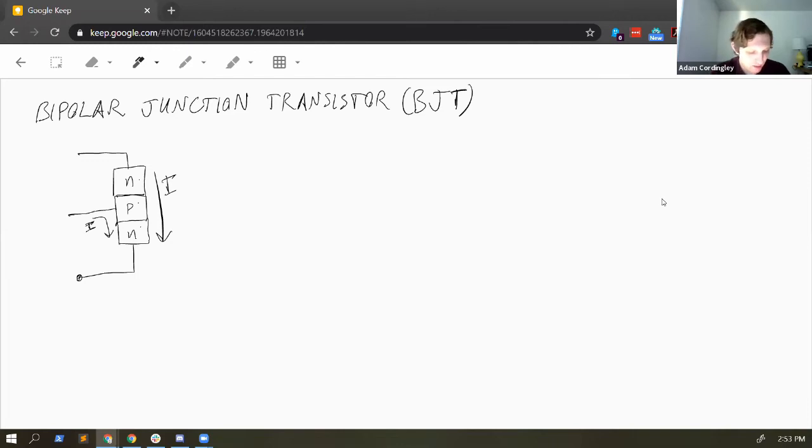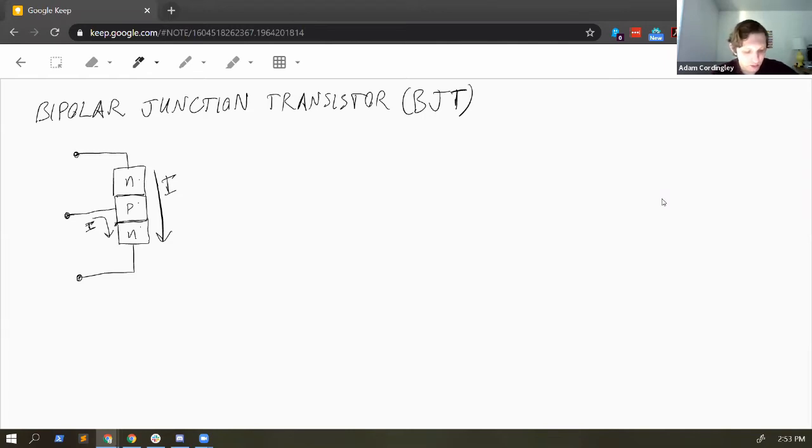So that's the magic of BJTs. You can take a small current through this PN junction here, and it will allow a large current to flow through the device vertically like this.